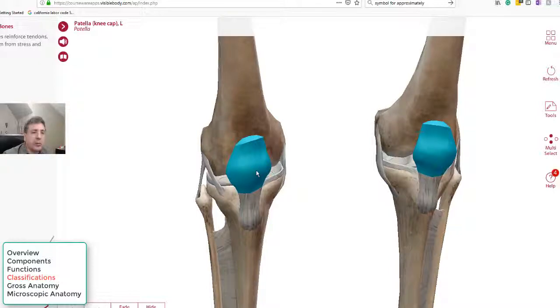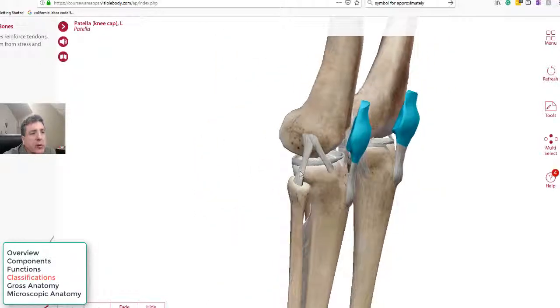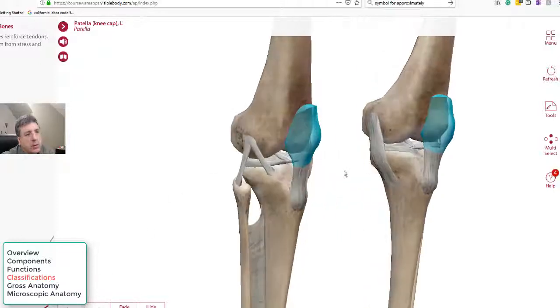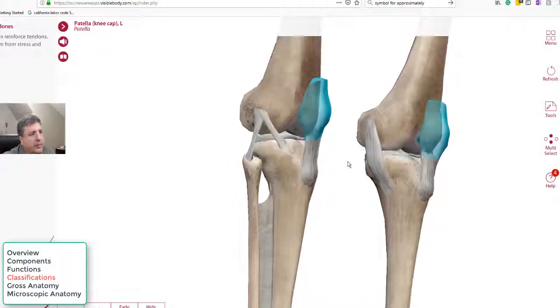A sesame seed shaped bone that is located within tendons. Okay, and this is to protect the tendon from abrasion as it rubs over some of the bone. So as you can see, this is going to be a bone here. Let me see if I can fade this. Nope, that's the whole bone.